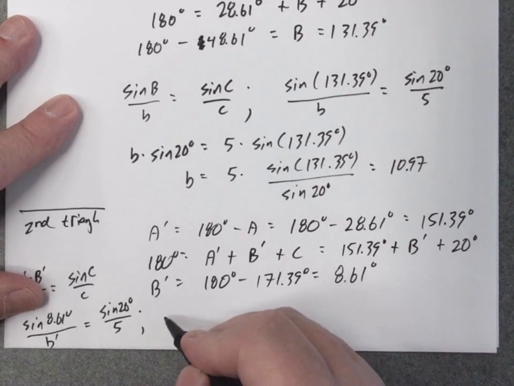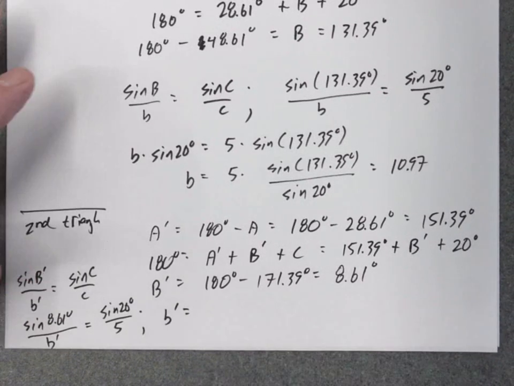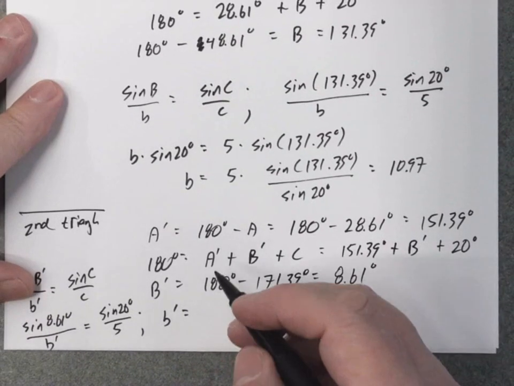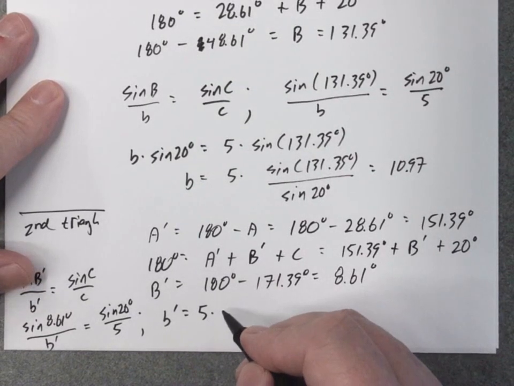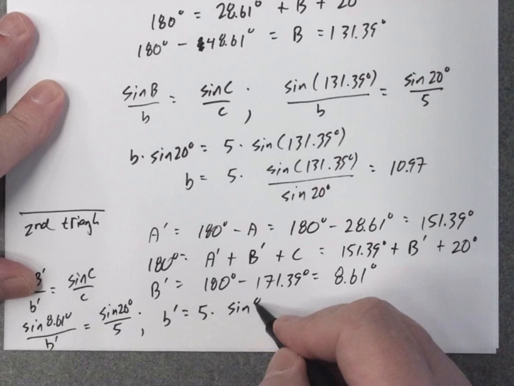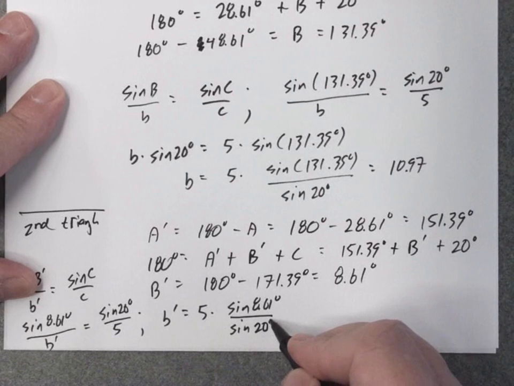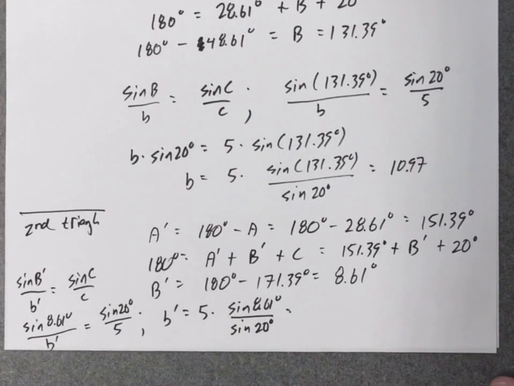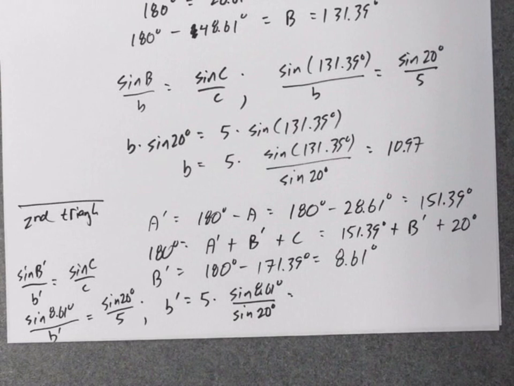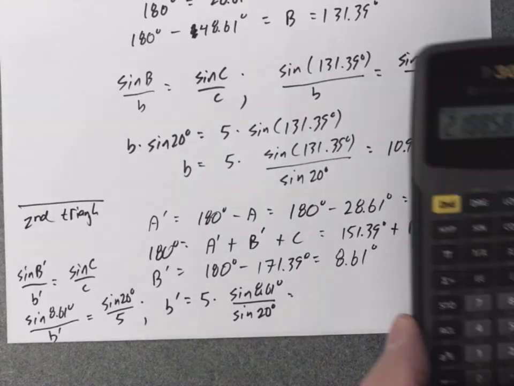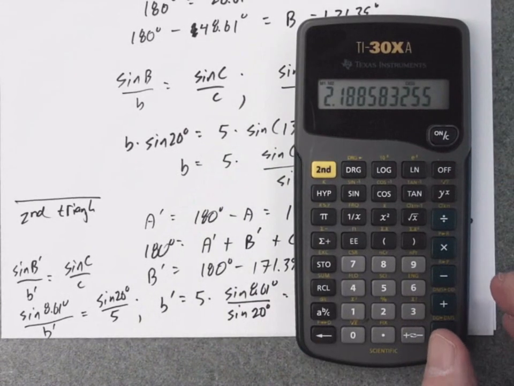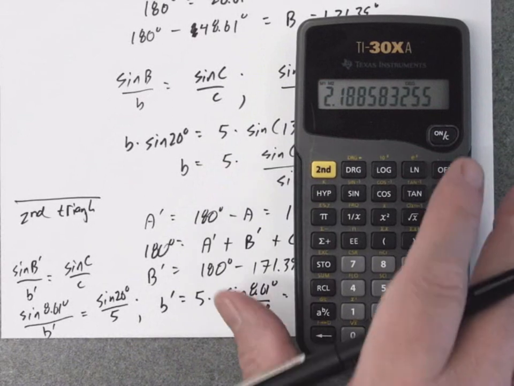Just because of room, let me take a chance and skip a step and say this should be 5 times the sine of 8.61 degrees over the sine of 20 degrees. Grab my calculator. 8.61 the sine divided by 20 the sine times 5. Looks like 2.188, which should be 2.19.